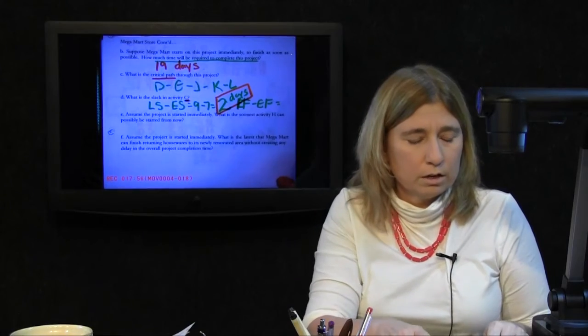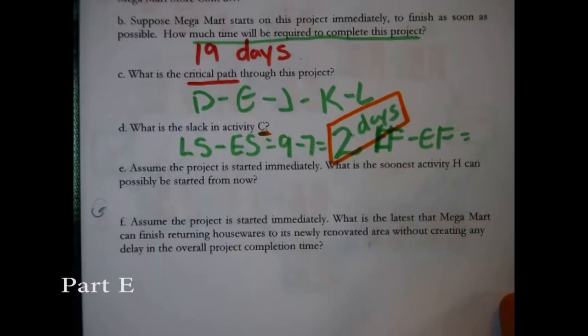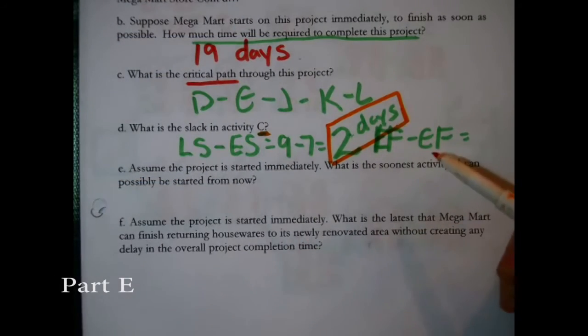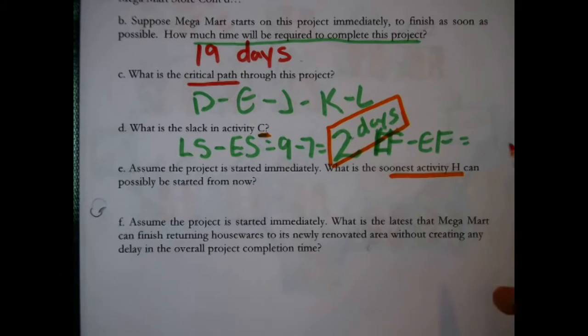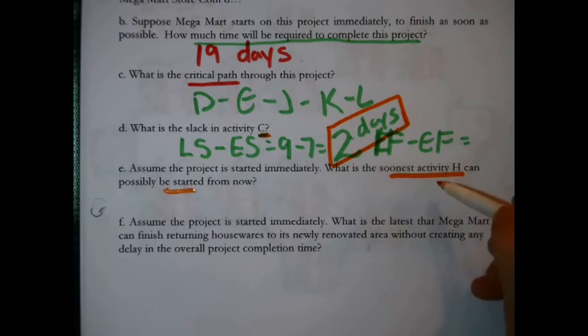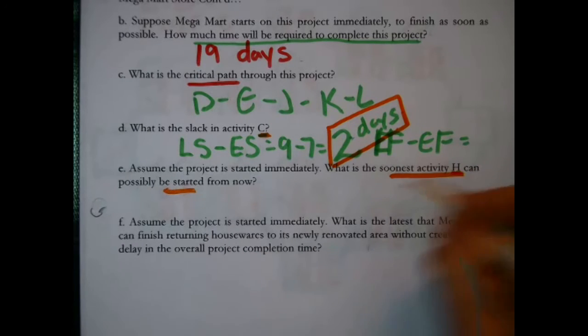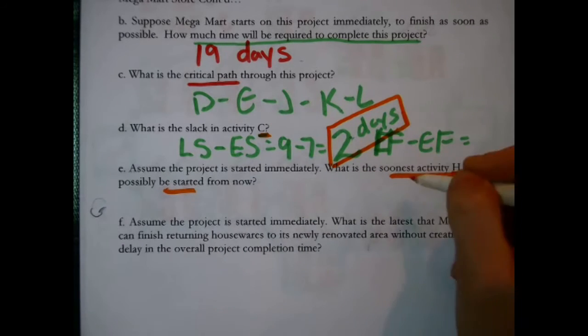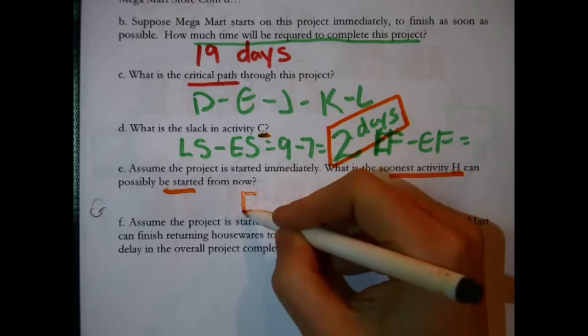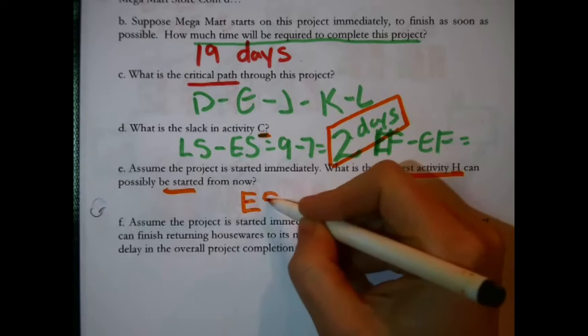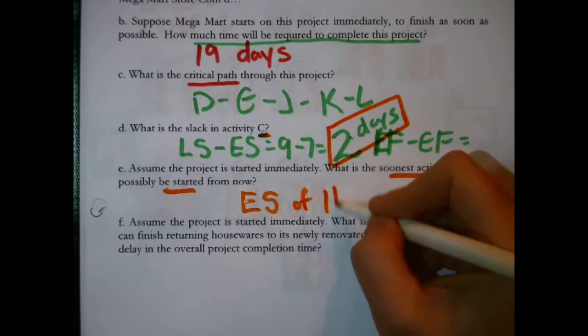Okay, that one's done. Next, assume the project is started immediately. Okay, what is the soonest activity H could possibly be started from now? All right, so what's actually being asked for here? The soonest activity H could possibly be started is, by definition, the early start time of H. That's all that this question is asking.